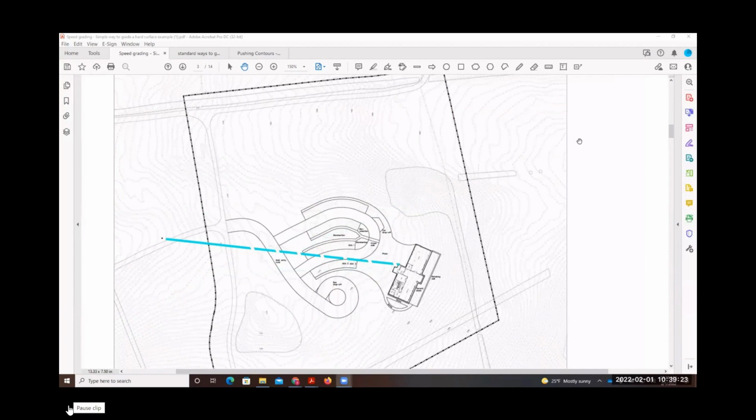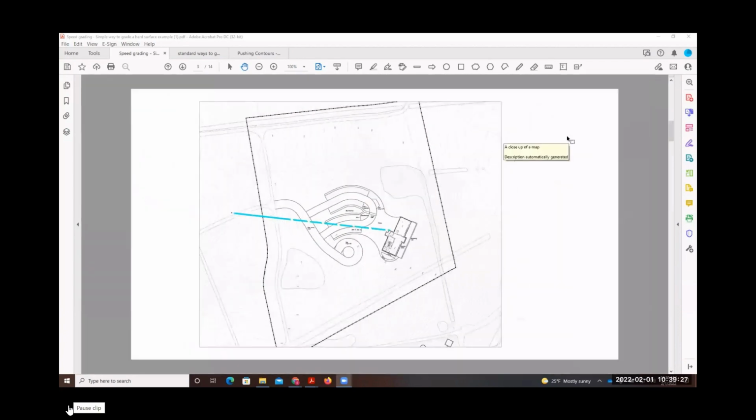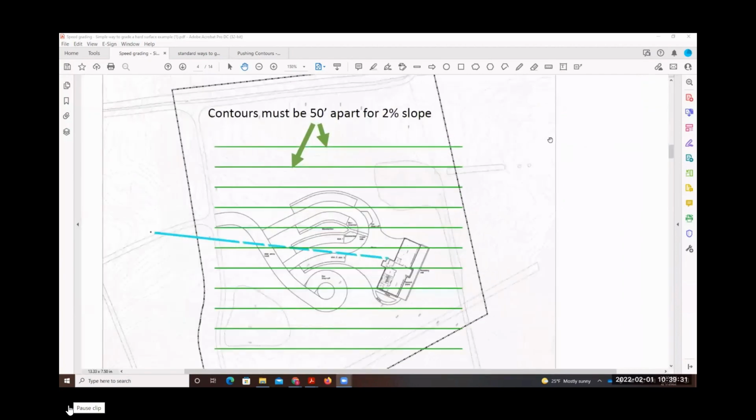The next point we want to make is we talked about 50-foot offsets. And what I've done here is I've shown lines that I've offset. Now, I could offset those in AutoCAD. I could do slight measurements and copy them in Photoshop, any of the Adobe things.